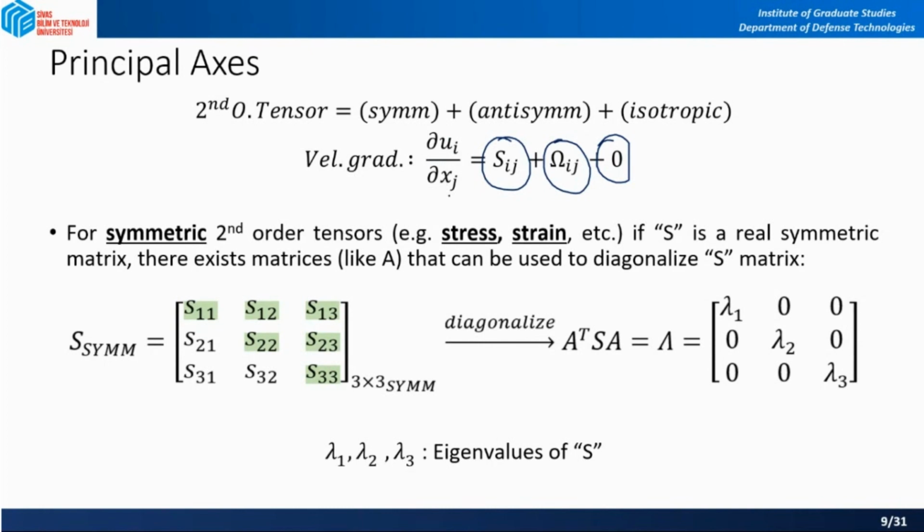In addition to being able to decompose a second order tensor into its components, there are other properties. One of these properties is the principal axis. So principal axis for any second order tensor, which we generally represent by a 3 by 3 matrix, we can find a special set of orthogonal axes which could be different than the original axis in which you measure your velocity, for example, u, v, and w.